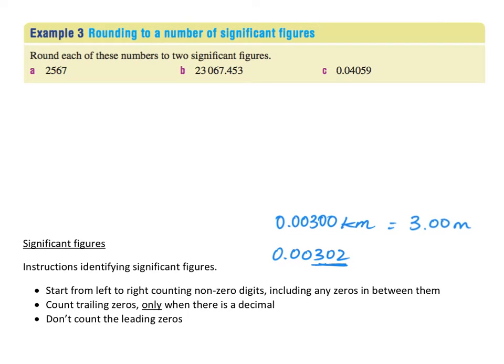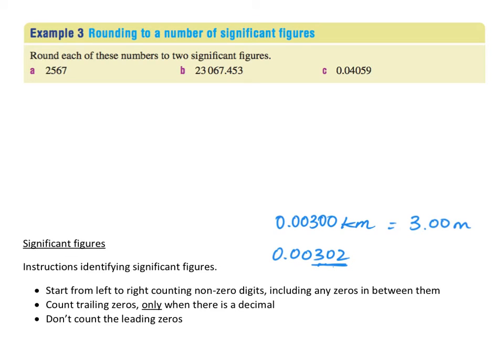So here, 1, 2, 3, and the zeros in between as well. Count trailing zeros only when there is a decimal present, because that decimal says that we haven't done any rounding, we've precisely done that measurement. And don't count the leading zeros, as we mentioned before.